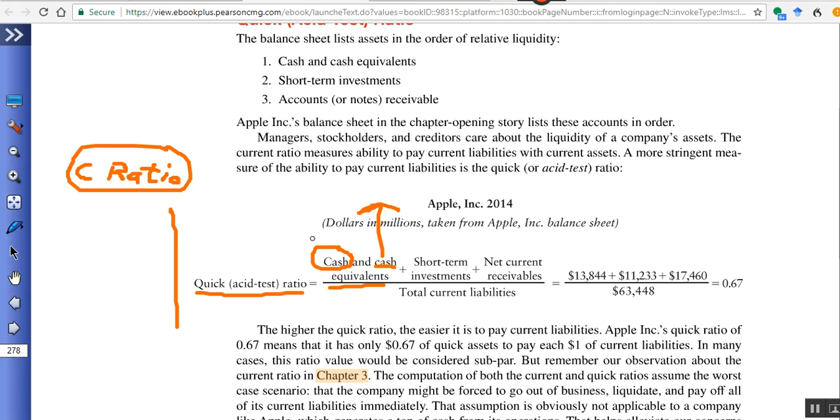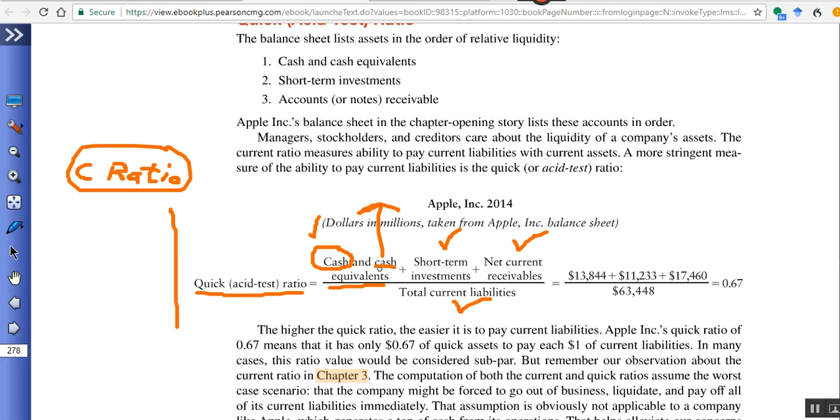Cash is pretty self-explanatory. Let's skip cash equivalents for a second. Short-term investments are pretty clear, like investments in trading securities. Then net current receivables are the accounts receivable that we expect to collect. And total current liabilities is anything that we owe in the next year.